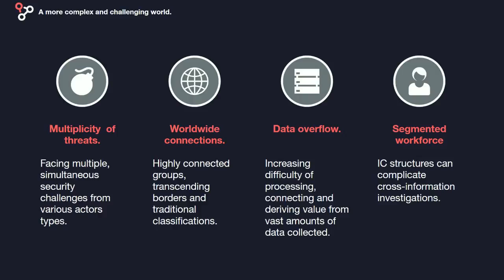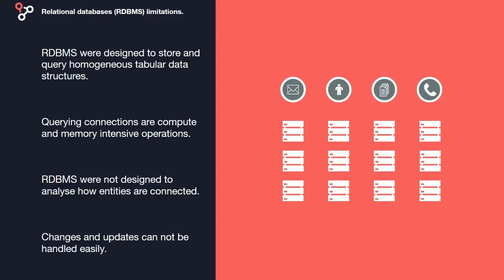Databases are an important piece of technology for intelligence analysis. If we take relational databases, for instance, that have been widely popular in the last decades, they were initially designed to codify paper forms and tabular structure, but not to query and visualize large amounts of connected data.